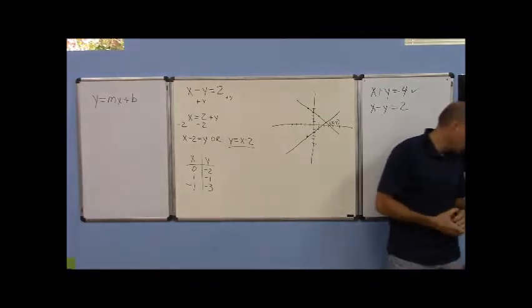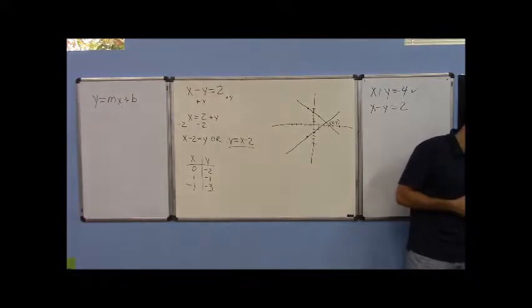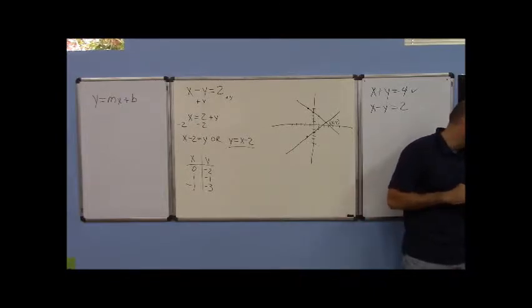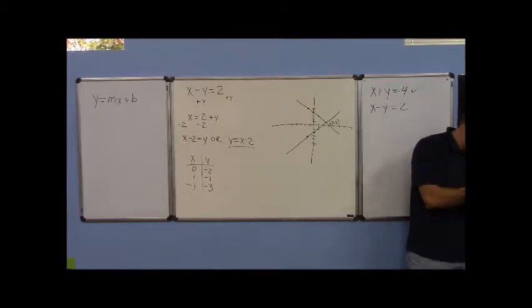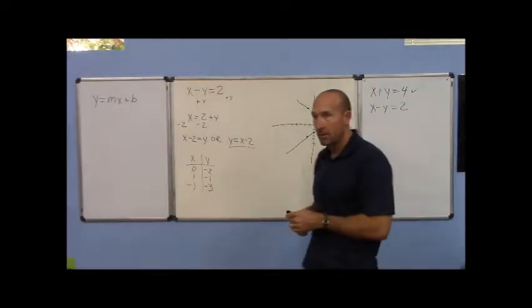All right, 6.2, we're going to solve these systems by substitution. Understanding that the solution to most systems of two equations with two variables is the point where the two lines intersect. Some systems involve lines that don't intersect at all.